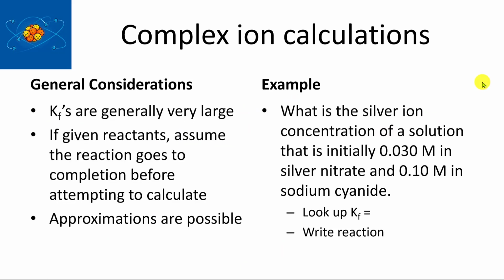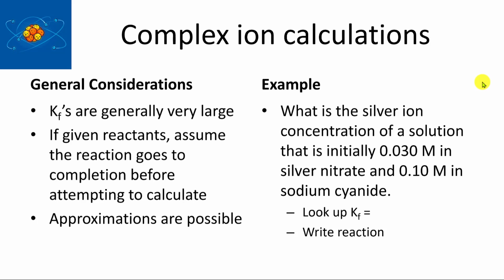So complex ion calculations can be a little bit tricky, and I'm going to work this out on the next slide. But first of all, unlike Ksps, Kfs are really large, okay? And so what tends to happen is we would say equilibrium is very far to the right-hand side.